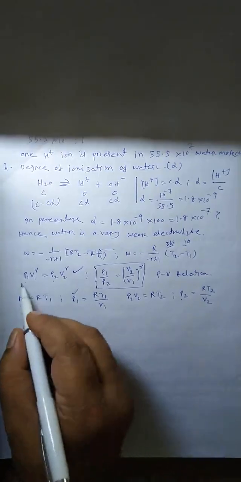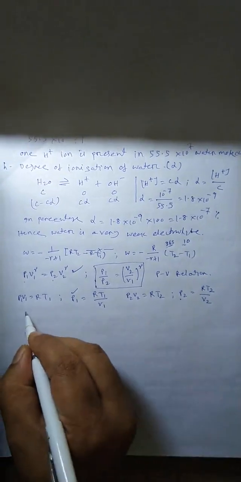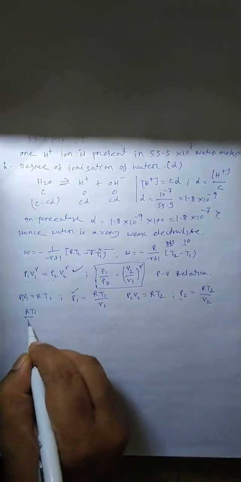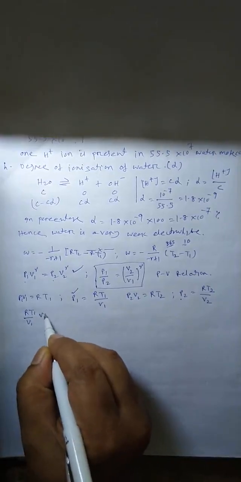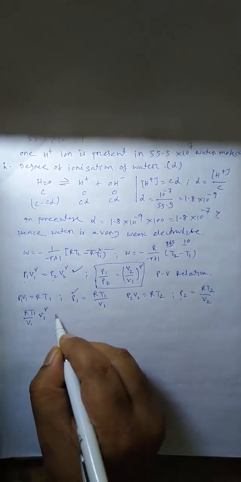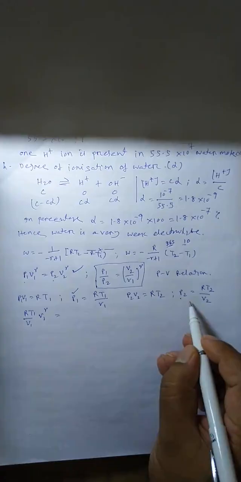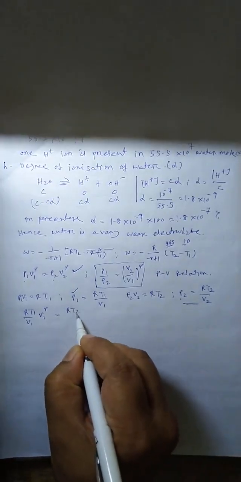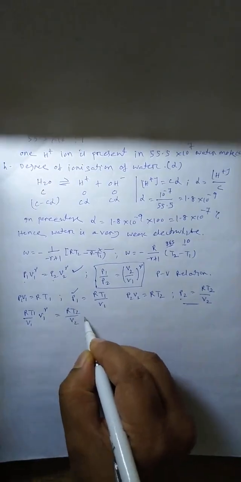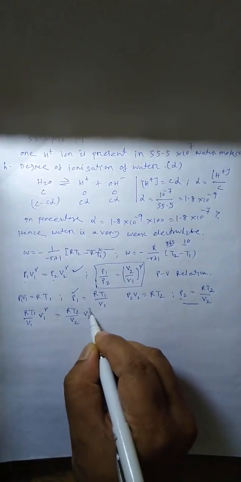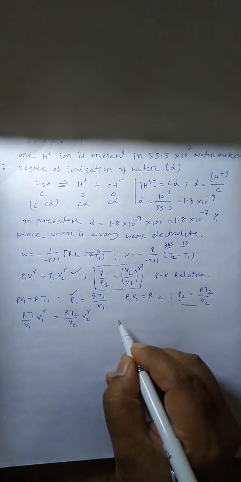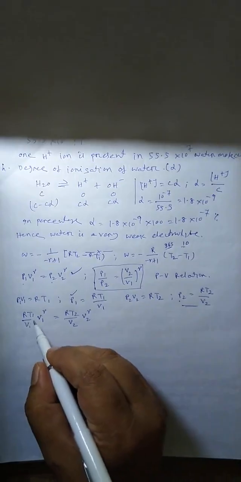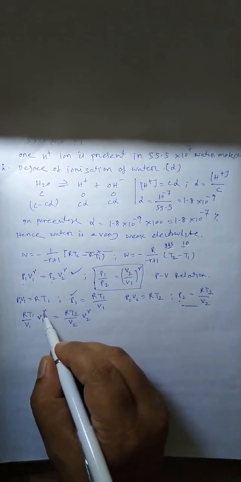In place of P1 I write RT1 by V1, to the power gamma. In place of P2 I write RT2 by V2, then V2 to the power gamma. You see here that it is V1 to the power 1 and V1 to the power gamma.